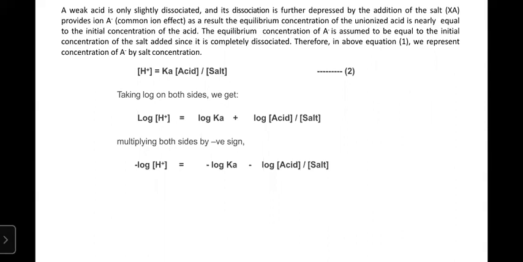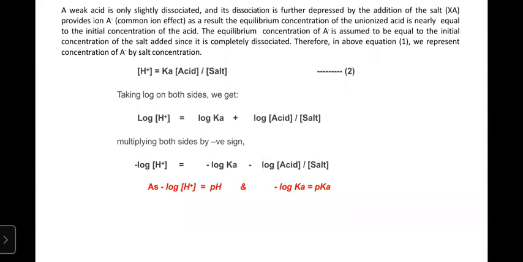Negative log of H plus is equal to pH, and negative log Ka is equal to pKa.